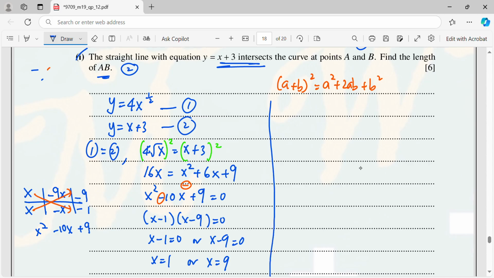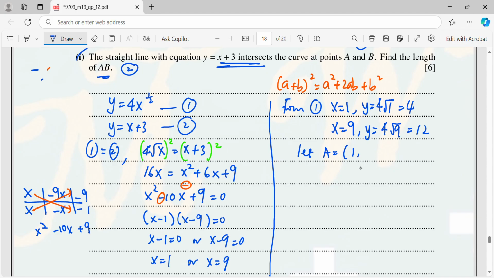To find y, you can use the first or second equation, up to you. When x equals 1, my y is 4 square root 1, that is 4. When x equals 9, my y is 4 square root 9. Square root 9 is 3, 3 times 4 is 12. So I will let A be 1, 4, and B be 9, 12. So I found the 2 points.